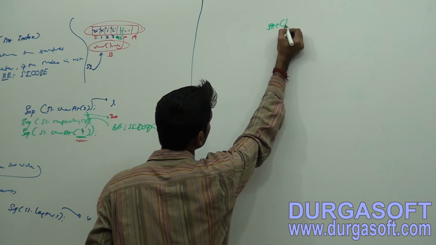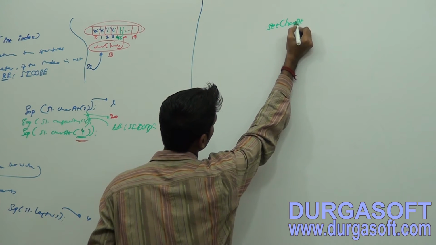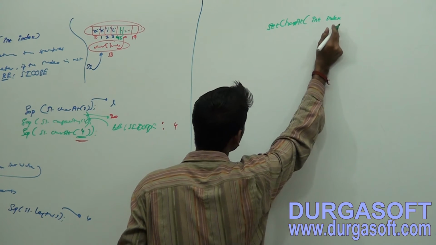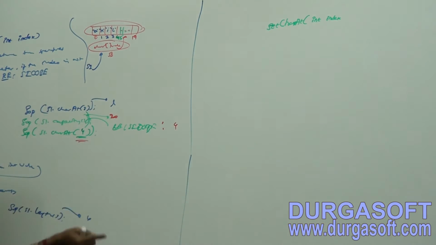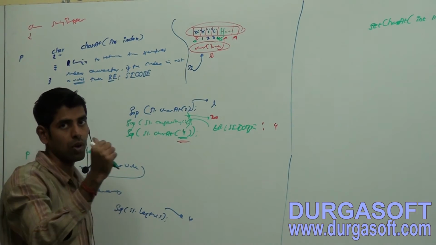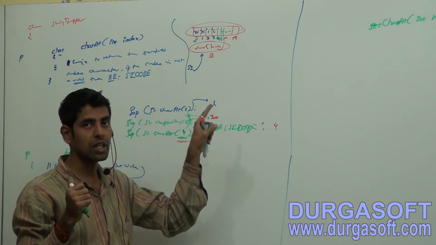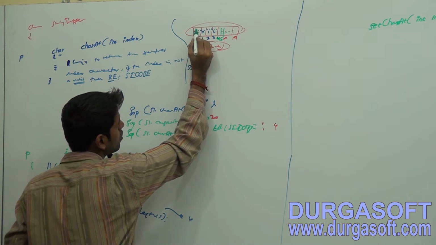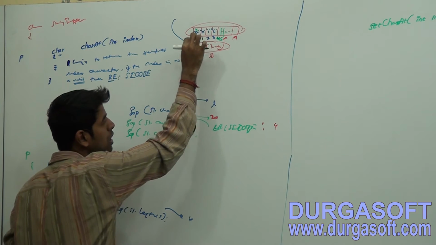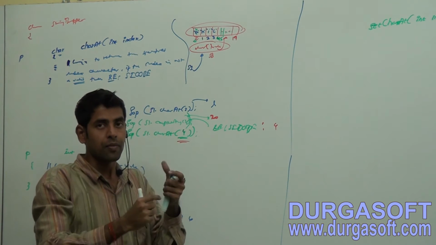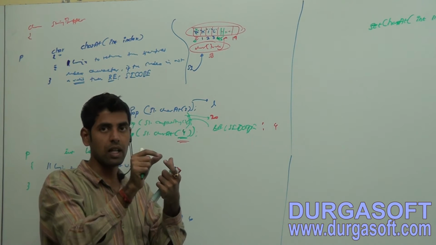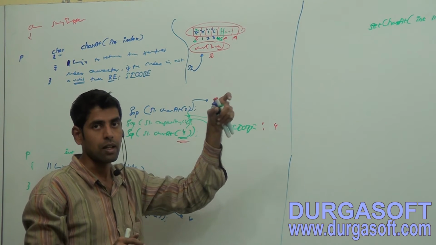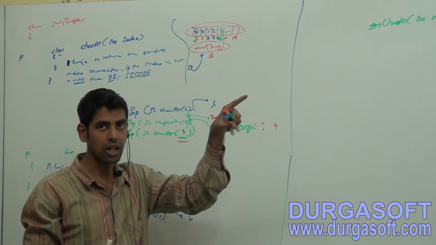Okay, the setCharAt method. As an argument you have to pass which index element you have to replace. I want to replace the 0th index element, so I have to pass this block index, the index of the block whose data you want to change.